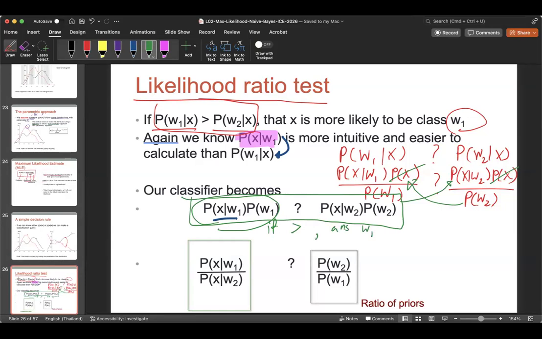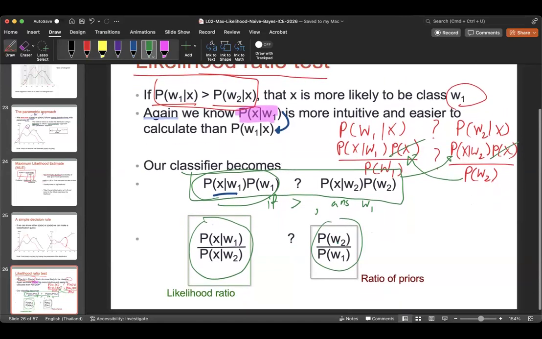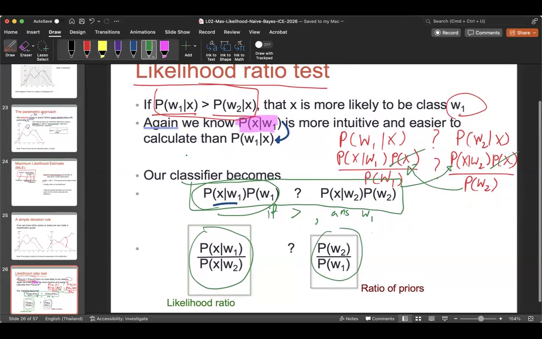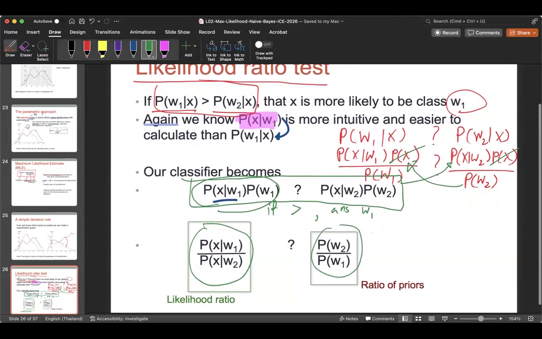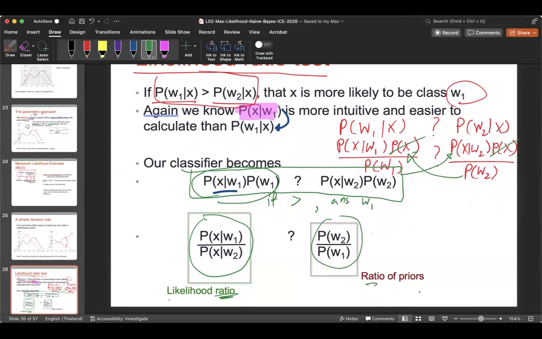Otherwise, we answer W2. So this is the form that we want to compare. We can also switch sides and get this form, where we compare this against this. This is called the likelihood ratio test, because this is just the likelihood term, and it's the ratio of the likelihoods compared against the ratio of the priors.